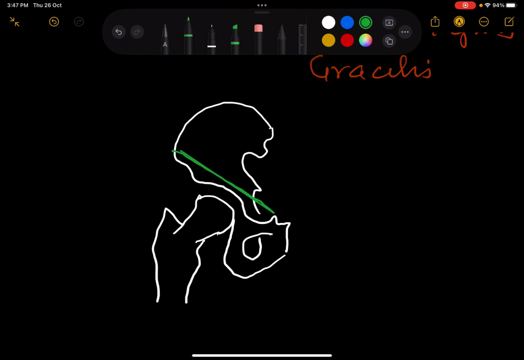Now, you already said that the capsule has connected the acetabulum to the intertrochanteric line in front and has covered this hip.